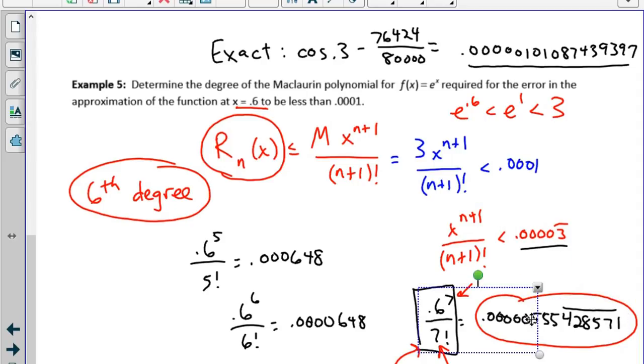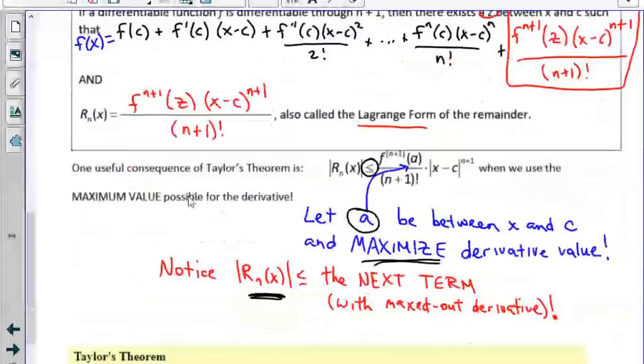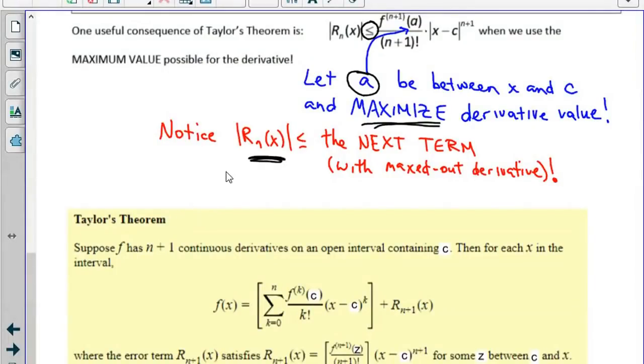So this is my first situation where I get that, and therefore the 6th degree polynomial is the degree of the Maclaurin polynomial that is required for the error to be less than 0.0001.